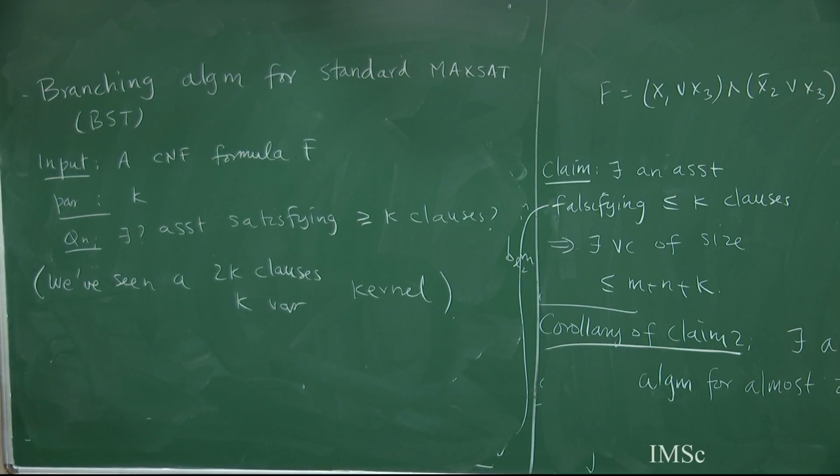We have to make a choice somehow, right? Branching means some choice. More importantly, in each of the branches, the measure should drop. Then we have a good handle. And the measure for us is the number of clauses satisfied by your assignment. So, how would you branch?